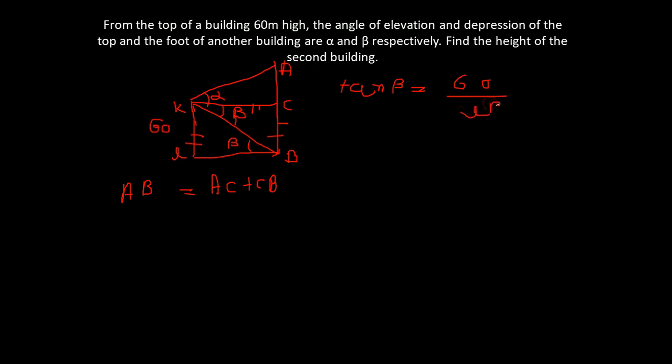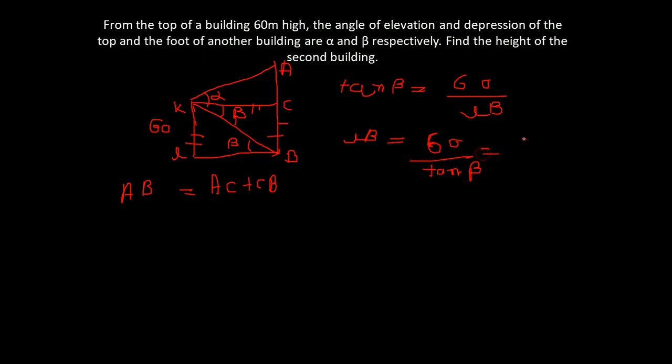So LB equals 60, just do the cross multiplication by tan of beta. And you know that 1 by tan theta is equal to cot theta.